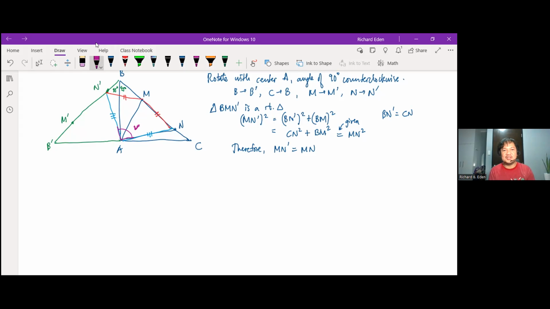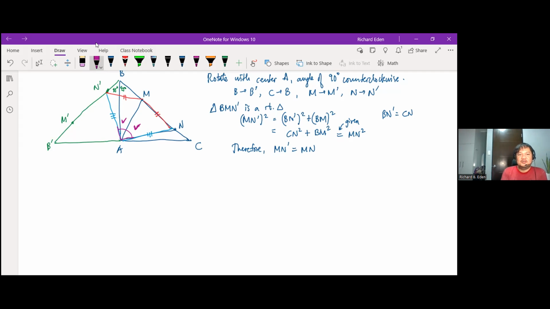So if you want to show that the check mark is 45 degrees, and the entire angle is 90 degrees, which follows from the fact that we did a 90-degree rotation, then you got to show the other one is 45 degrees, or in other words, the angle is bisected.